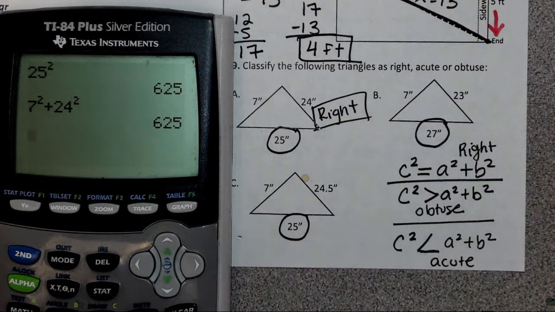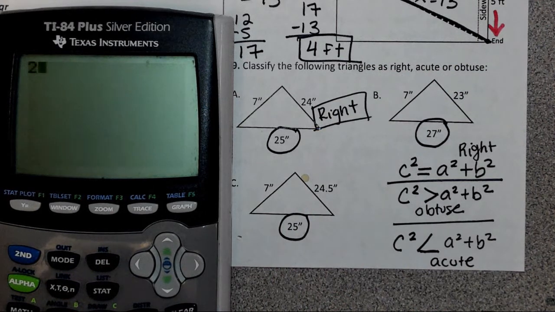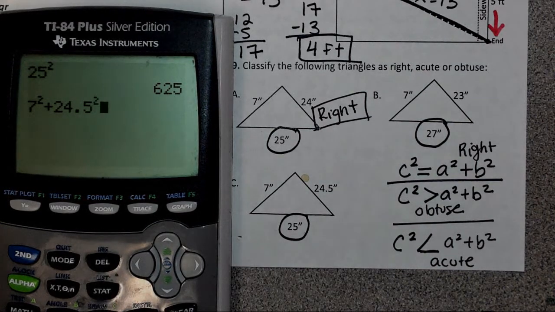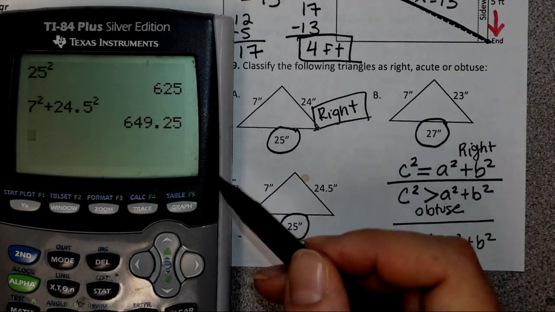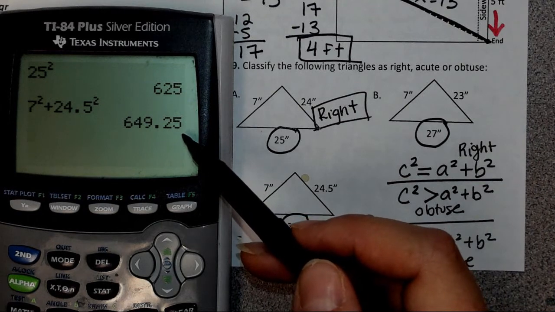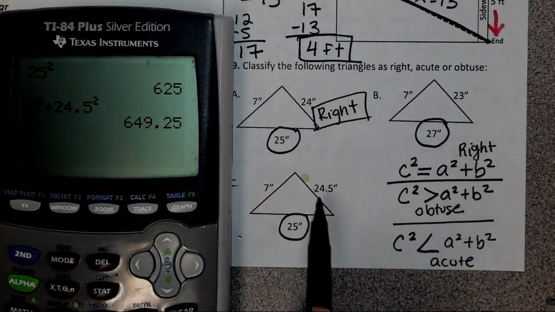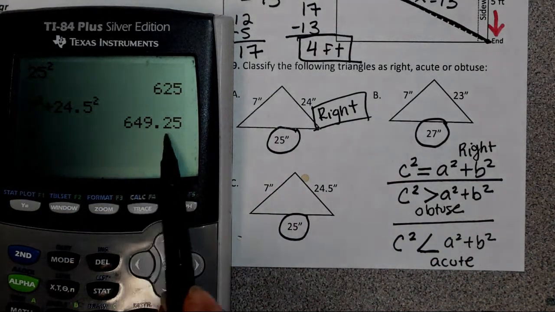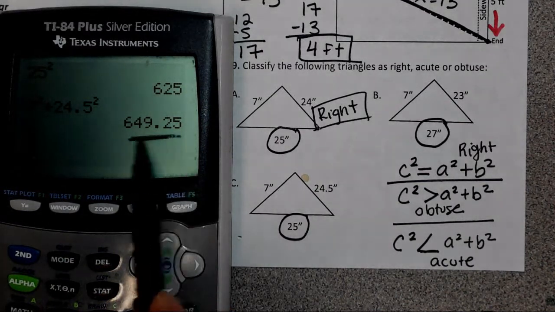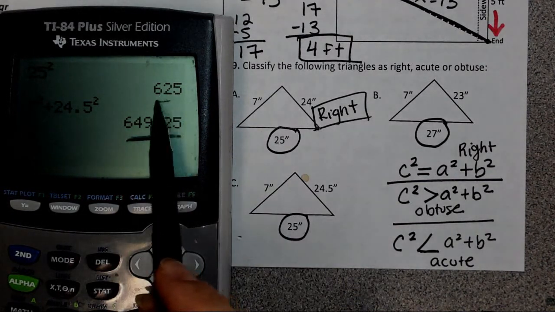For this one, we know that 25 squared is 625. 7 squared plus 24.5 squared is 649.25. So this time, my a squared plus b squared is bigger, okay? My c squared is smaller.